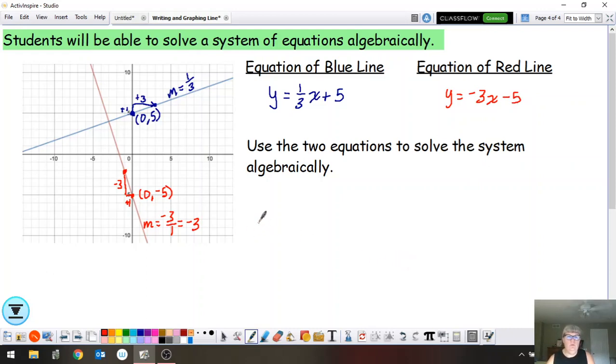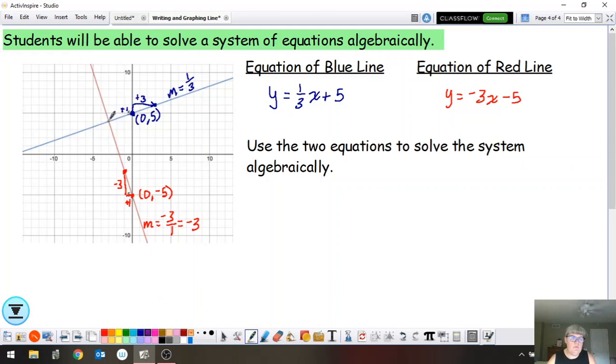Now, we're going to solve the system algebraically. Before we do, let's see what our solution should be if we solve it algebraically. We talked about this earlier this week, that when two lines intersect, they have a common point.